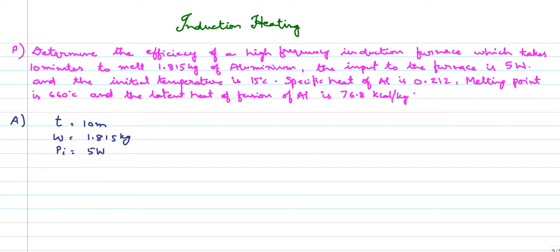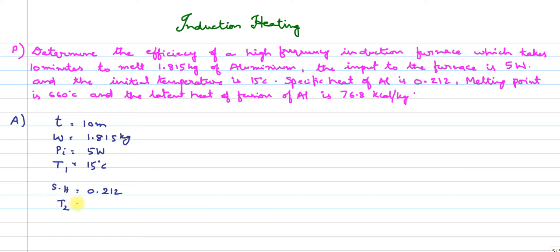And the initial temperature is 15 degrees centigrade. So let me take T1 equal to 15 degrees centigrade. The specific heat of aluminum is 0.212, and the melting point is 660 degrees centigrade.